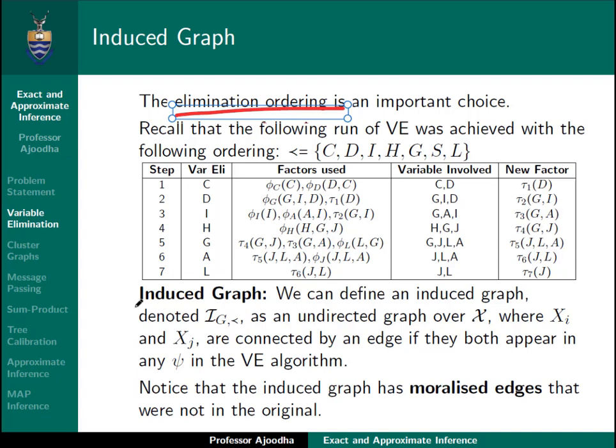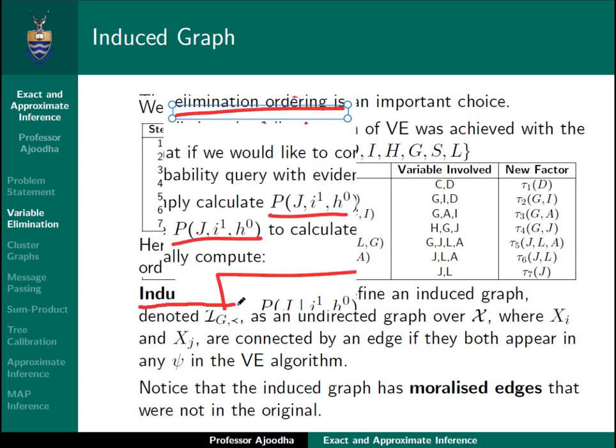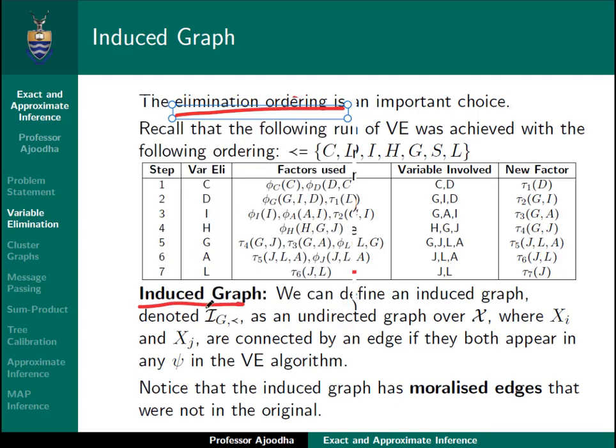Okay, so I'd like to introduce you to a concept which helps us to gauge the complexity of the elimination procedure, and this is called the induced graph. The induced graph comes from this table, or this variable elimination run. And it's denoted as the induced graph of G, given the ordering, right?